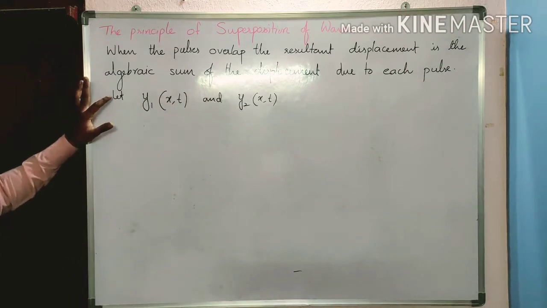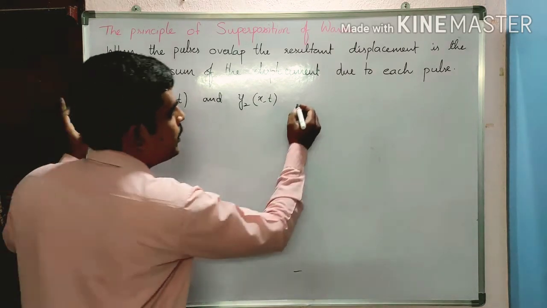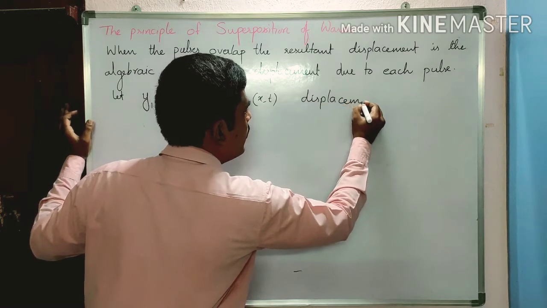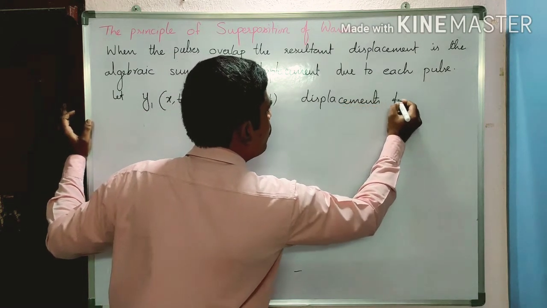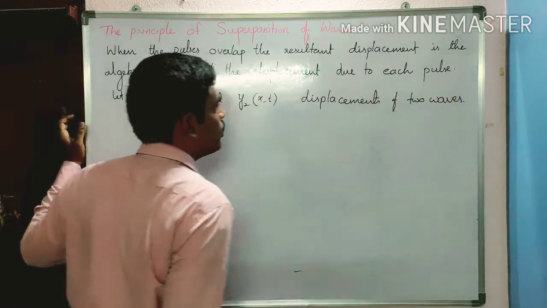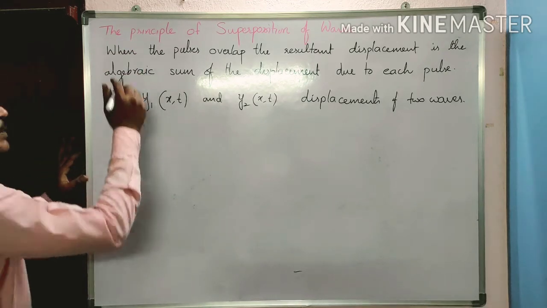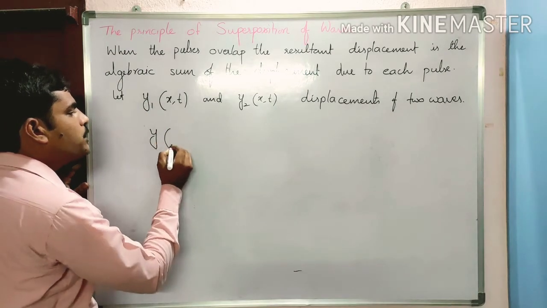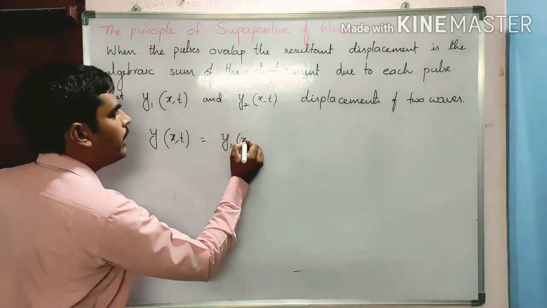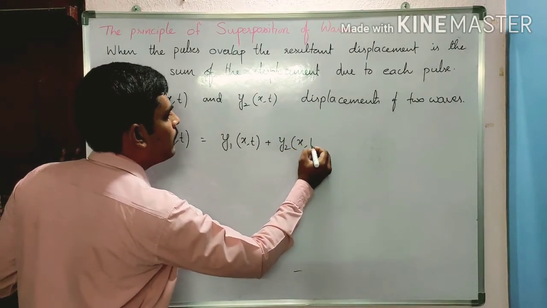Let y1(x, t) and y2(x, t) be the displacements of two waves. Now according to the principle of superposition, the resultant displacement y(x, t) = y1(x, t) + y2(x, t).